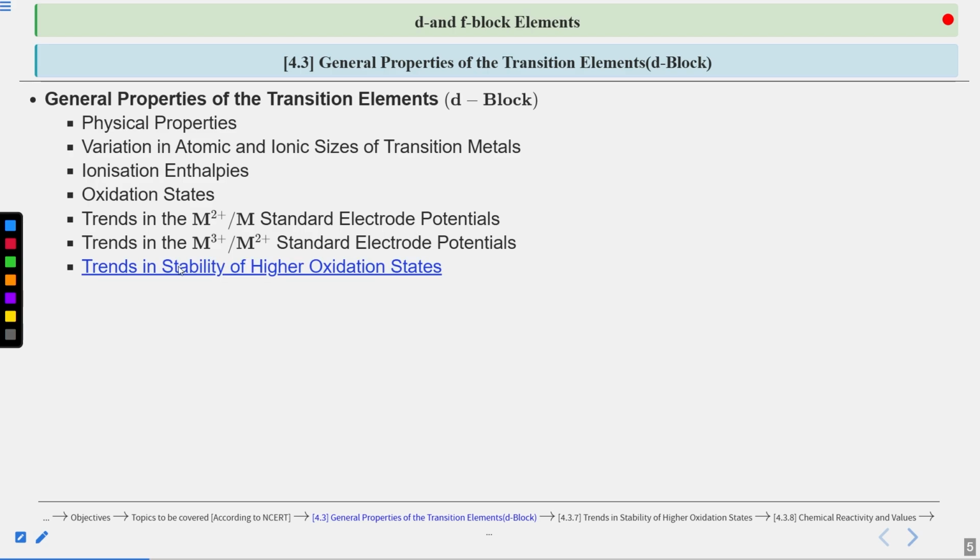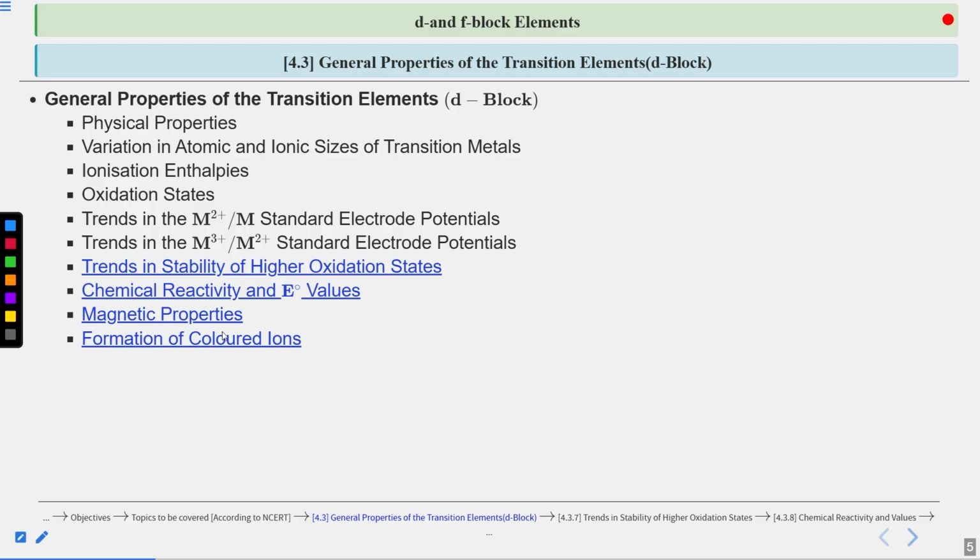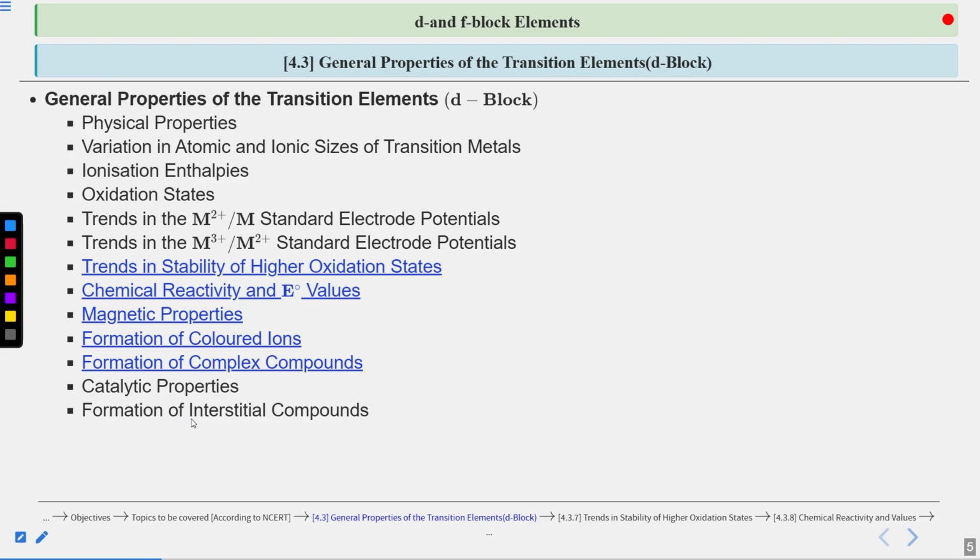Now today we are going to cover trends in stability of higher oxidation states, chemical reactivity and the E0 values, magnetic properties, formation of colored ions, formation of complex compounds, and later we will cover catalytic properties, formation of interstitial compounds, and alloy formation.